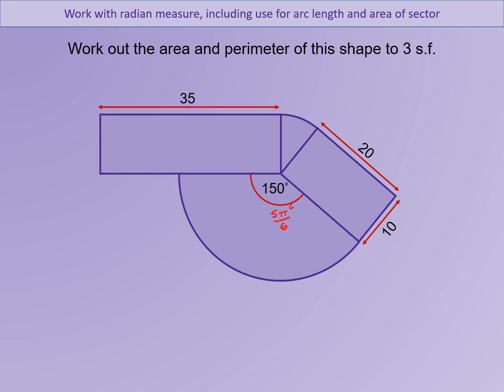We can also see we have 150 degrees, we have 90 degrees here and 90 degrees here, leaving us with 30 degrees here. And we know 30 degrees can be converted into pi by 6 radians. We also use the fact that we have a rectangle, so we have a length of 10 here. Because this is a radius of a circle, we also have 10 here, and therefore we also have 10 here.